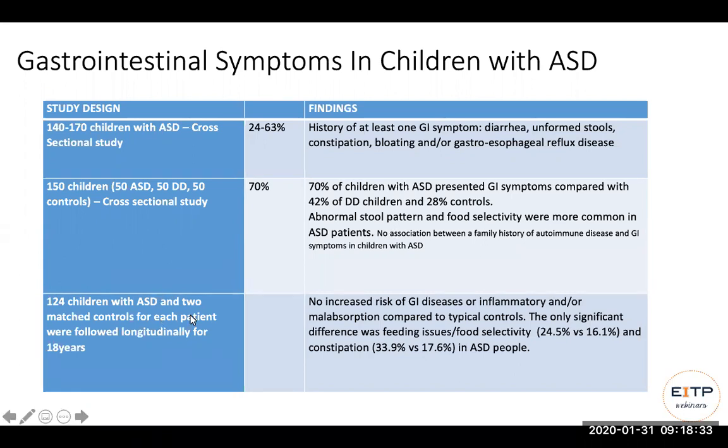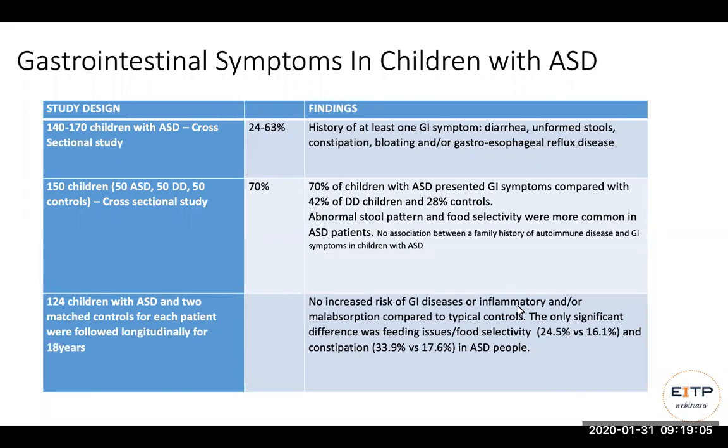And this is a very interesting study of 124 children and 2 matched controls for each kid that were followed for 18 years. And something that is interesting is that there was no long-term increase in the GI diseases or inflammatory or malabsorption problems. So they didn't have higher risk for celiac disease. They didn't have higher risk for Crohn's disease, or significant problems.